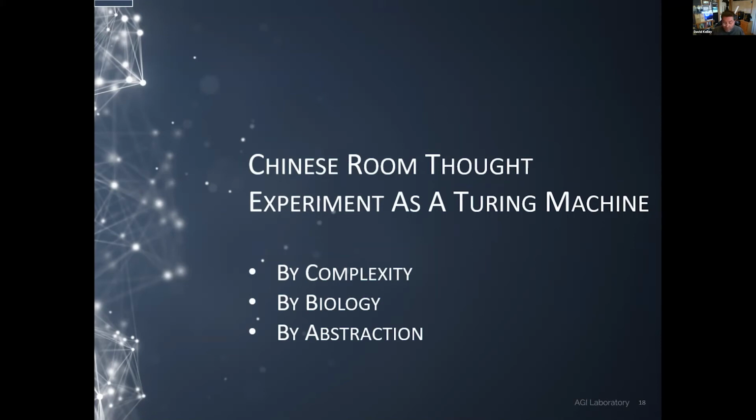Now make the complexity not just up to the point of a Turing machine, but actually modeling, say, the biology of the human brain, and not just the neurons as John describes in his experiment.